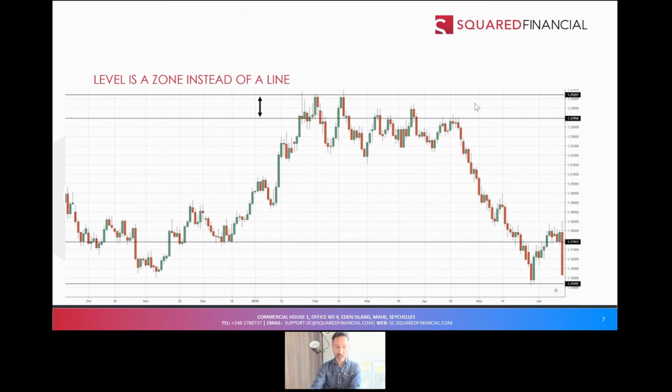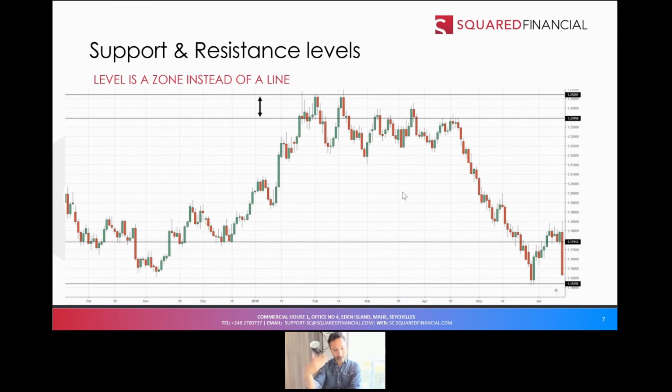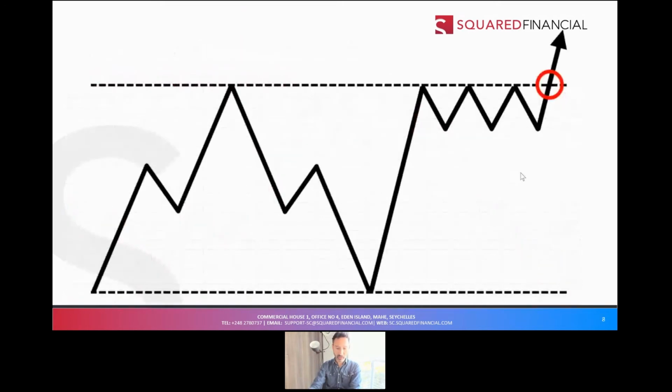So stick for now to resistance and support lines, and just stick to the discipline to get out, even if you take a loss here and here. If it crosses it and you take a smaller loss, it won't affect your mindset. Okay, until later on with experience you start using the resistance level zones.